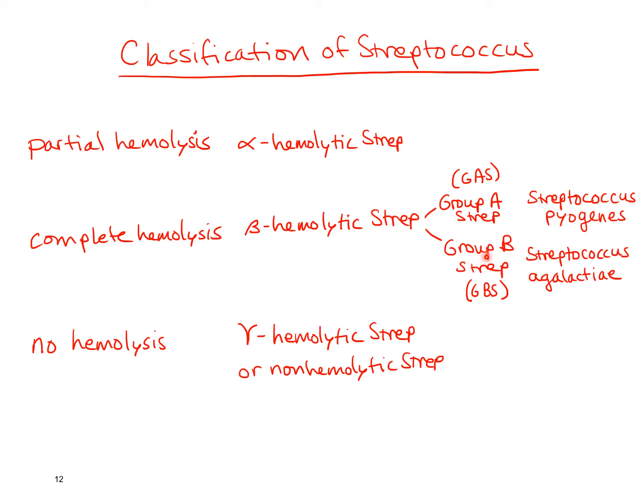And then the group B strep, or GBS, would be the abbreviation there, is Streptococcus agalactiae. And then the gamma hemolytic strep, or non-hemolytic strep, there's going to be no hemolysis or no breakdown of the red blood cells on the blood agar. And so there'll be no change in color at all on the blood agar with this kind of hemolytic strep.